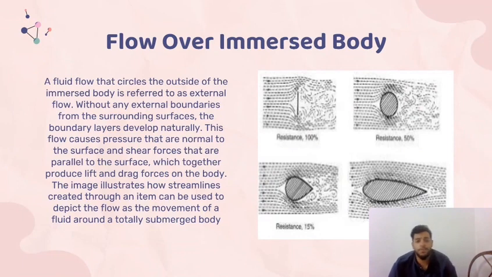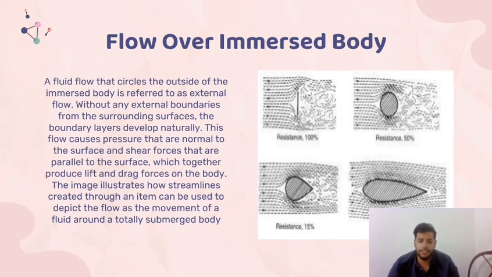Okay, moving on to flow over immersed body. Simple explanation for it. Fluid flow that circles outside the immersed bodies is referred to as external flow. Without any external boundaries from the surrounding surface, the boundary layer develops naturally. This flow causes pressure that is normal to the surface and shear forces that are parallel to the surface, which together produce lift and drag forces on the body.